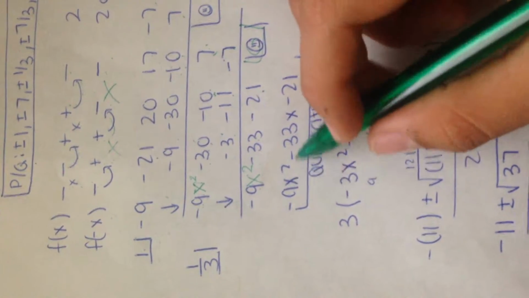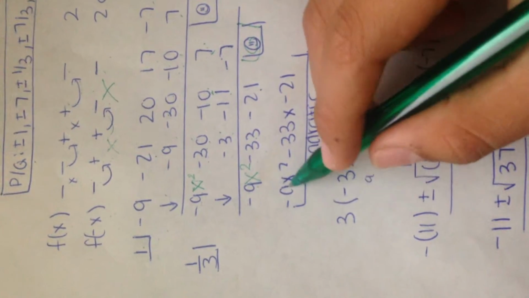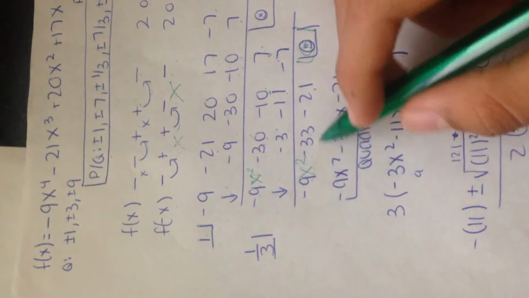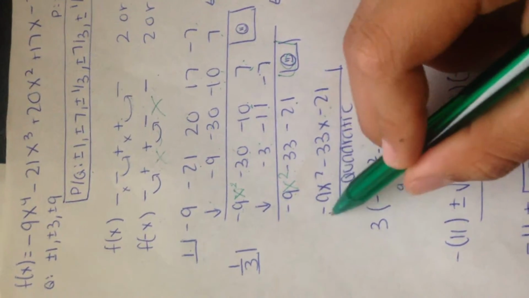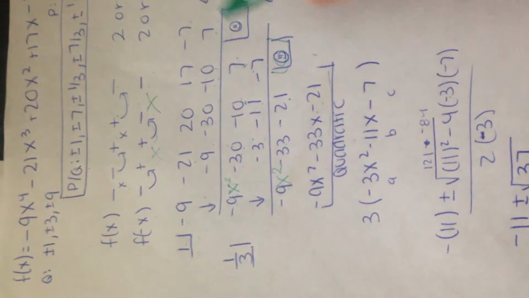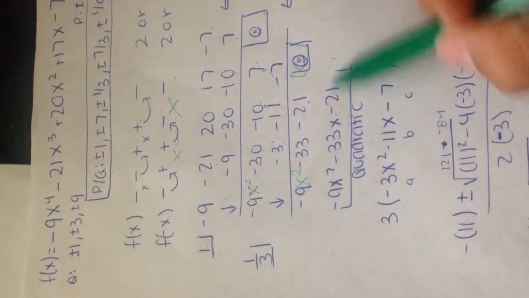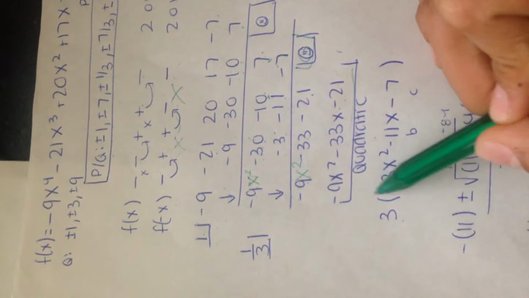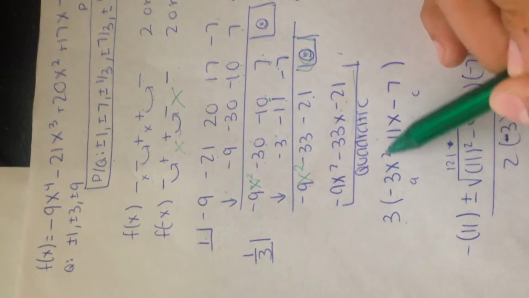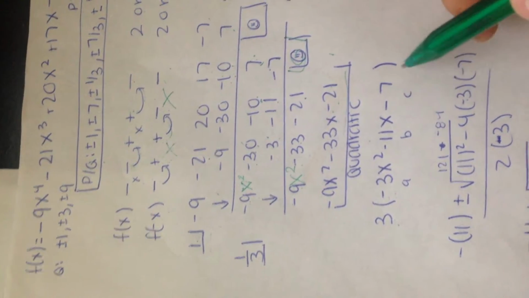Okay, so we have negative 9x squared, negative 33x, and minus 21. That's our quadratic equation. We can simplify it and take out a 3. It becomes 3 parentheses negative 3x squared minus 11x minus 7.